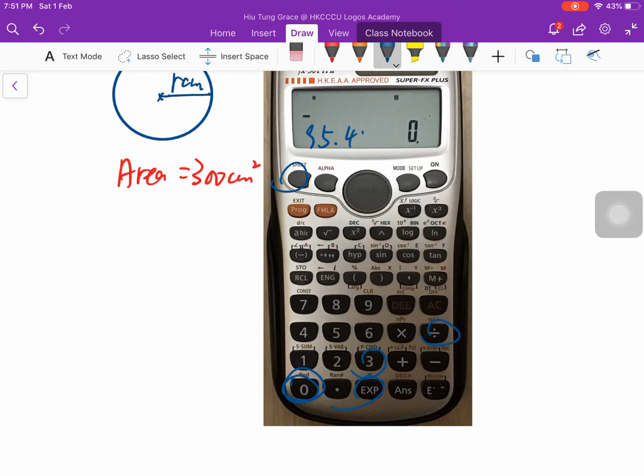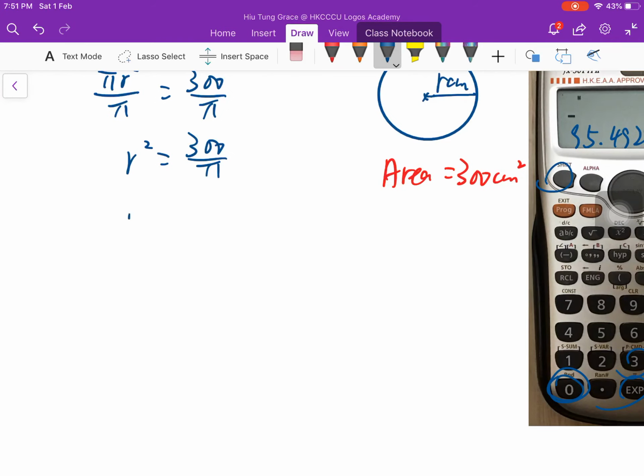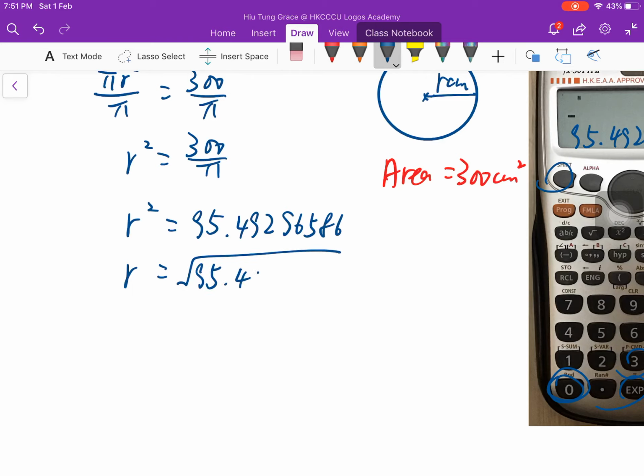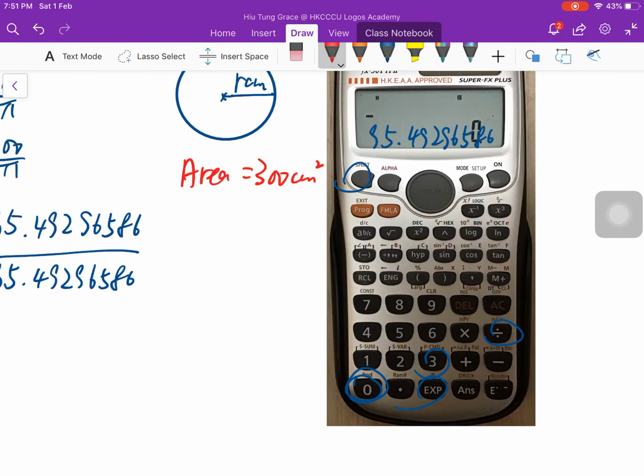So you will have 95. Just write down all the figures. So r squared equals this number, then what is r? r is the square root of this number, and you simply press the square root of the answer.